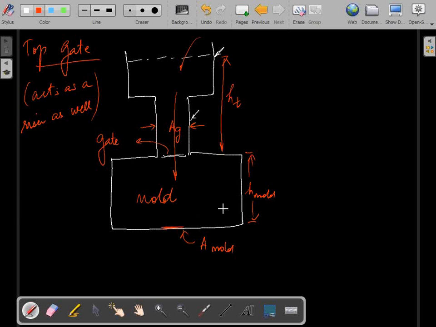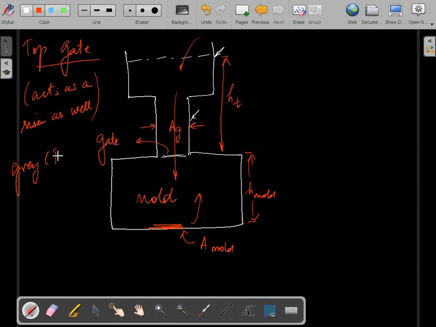So the solidification will start at the bottom and will move upwards. In this you will have high turbulence and therefore high erosion. This is used for castings which have simple design and are big in size, and preferably it is used for grey cast iron.